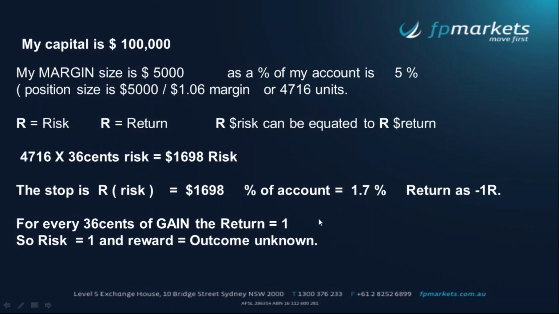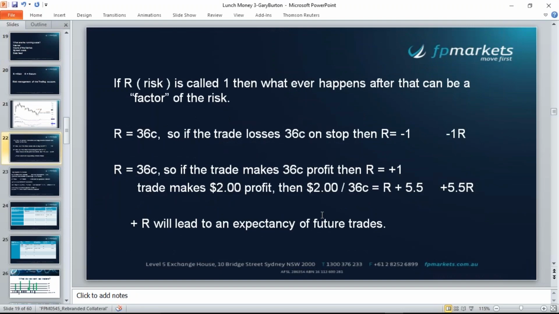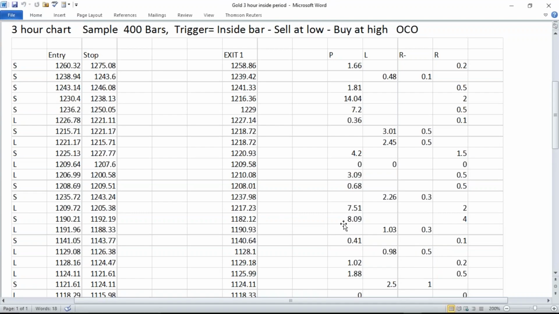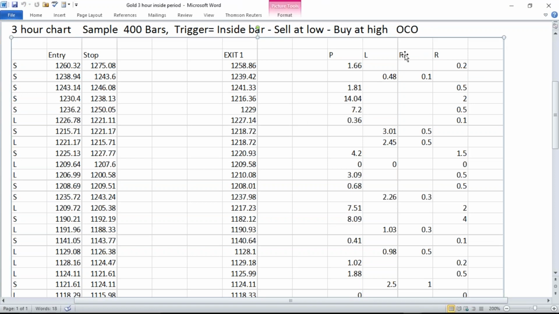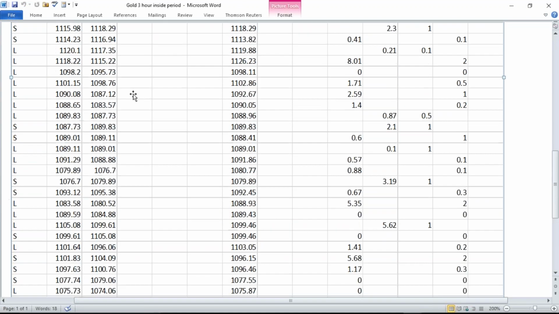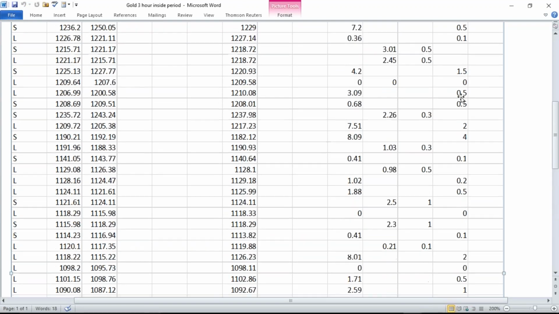Bear with me and I'll show you something about that. I won't go into detail on this, but I will go into detail on this with Ivan. This is a 3-hour chart. The sample is 400 bars and we're simply looking at an inside bar, and you'll see over here on the top right, there's R minus and R. Every single trade that was triggered gave me an R outcome.